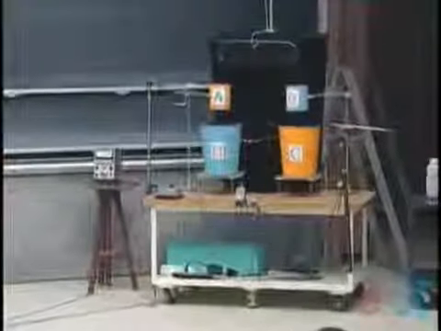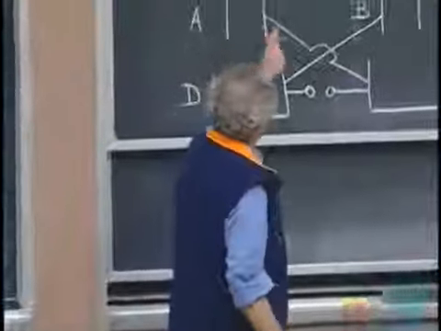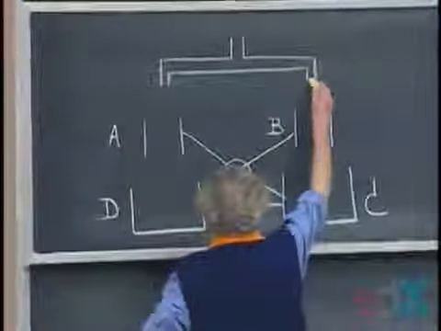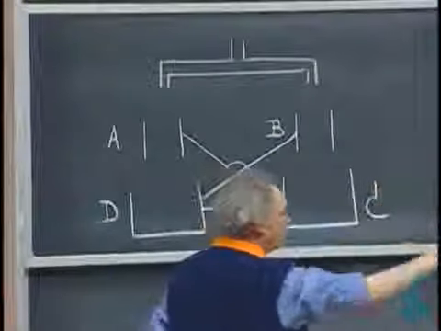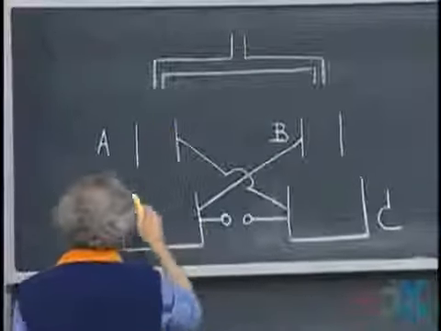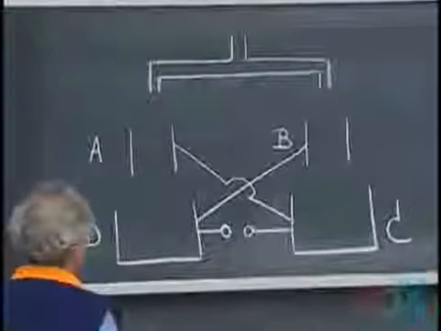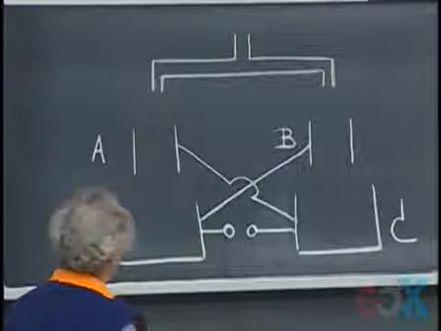We have here buckets A and B. Water comes down from above. Water runs through. You see the water there, runs out. And we collect these water drops here in bucket D, it's a conductor, and this water is collected in bucket C, it's also a conductor.